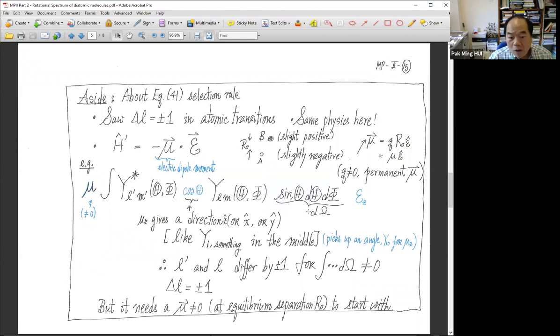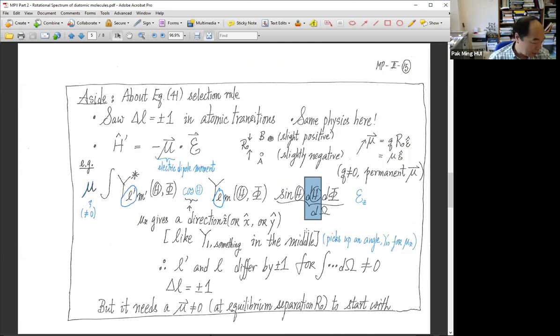And therefore it depends on whether L prime and L, because there is some theta dependence here, and together with this cosine and sine, you know that only when L prime and L differ by plus or minus 1 is this integral not zero. Then you have the transition.